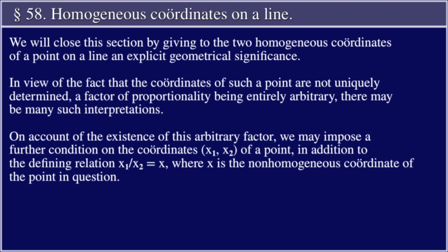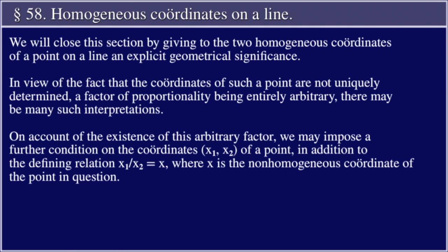points. We will close this section by giving to the two homogeneous coordinates of a point on a line an explicit geometrical significance, in view of the fact that the coordinates of such a point are not uniquely determined. A factor of proportionality being entirely arbitrary, there may be many such interpretations.